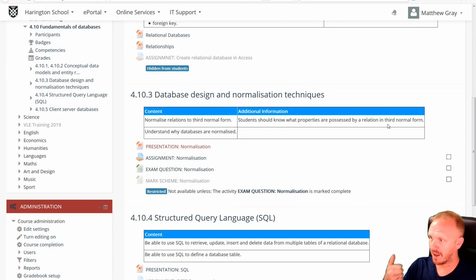In other words, that there are no groups of repeated attributes, no partial key dependencies, no non-key dependencies, and understand why databases are normalized, because it minimizes data repetition and eliminates data redundancy. That's the stuff it says there. It will always find a way to ask that in one way or another. That's all the normalization is about.